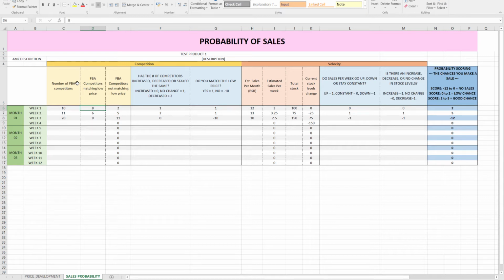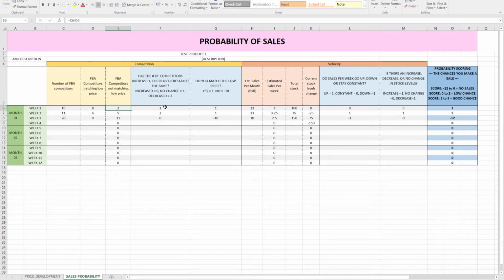That's matching the price. Everything within say a 5-cent range is something I would consider matching the low price. If something is $45 and a particular seller still has it at $69, for instance, then just leave it out. You need to count them in this column. It has to be the FBA competitors matching the low price, within a couple of cents of the lowest price.